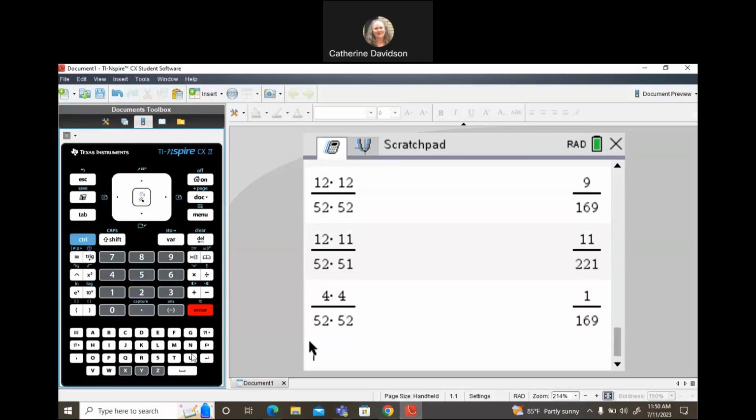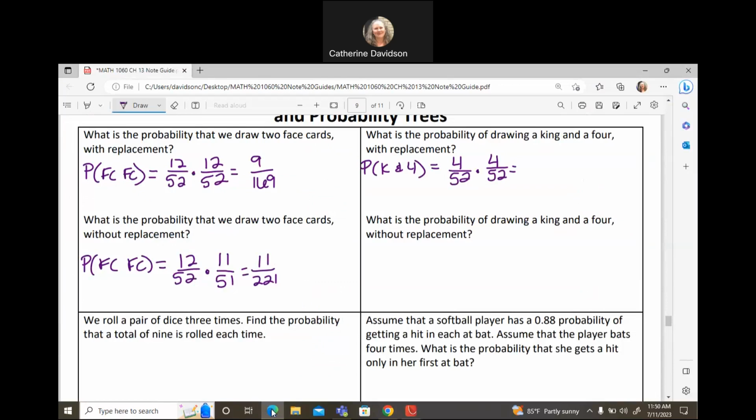All right, so that's 1 over 169. But there are two ways you can do this. You can do a king and a 4, but you can also have a 4 and a king. You could add 1 over 169 together, or you would just multiply this by 2, and it gives you 2 over 169.